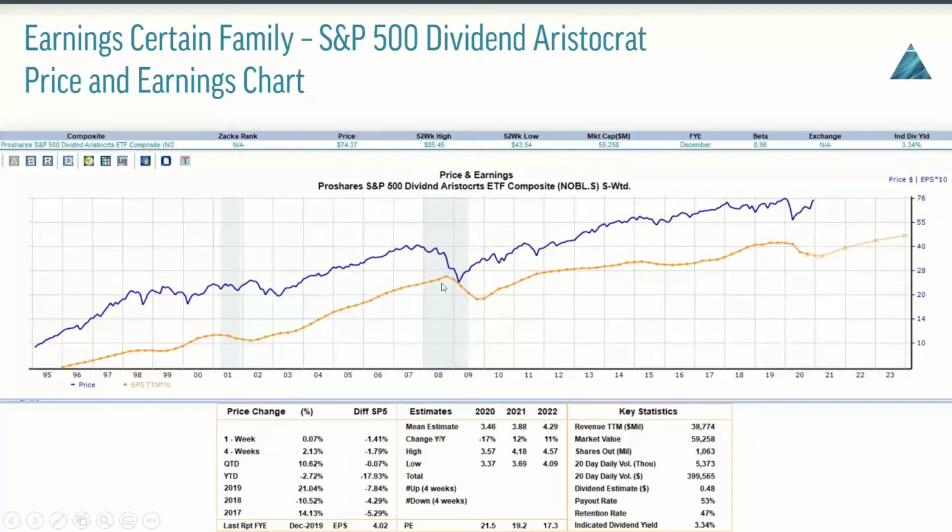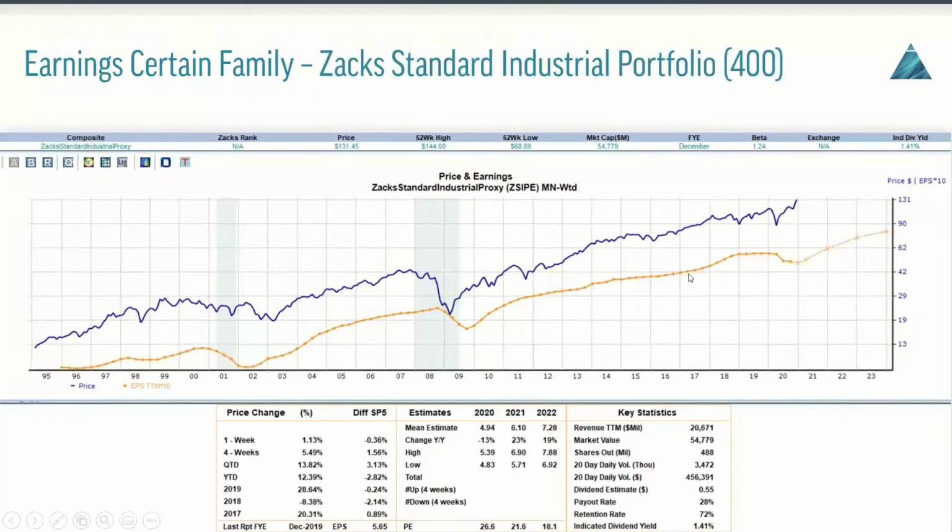And you can see that that particular group of companies as well is subject to some pretty significant earnings troughs through recessions. And we're dragging our client portfolios through the mud, literally, in terms of performance and loss of capital during these time periods. And so I'd like to go ahead and introduce the Earnings Certain Family once again.